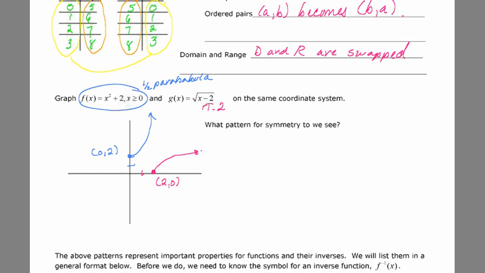So notice the graphs of f and f inverse. They're very similar in shape, and actually they are going to be symmetric to each other about this bisecting line. If I folded my page along this line, both the blue and the pink shape should overlap each other. This is the line of symmetry.